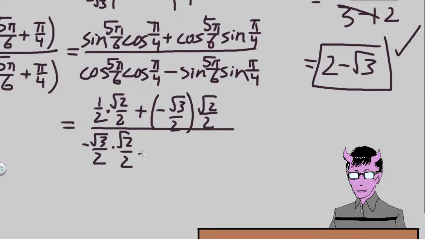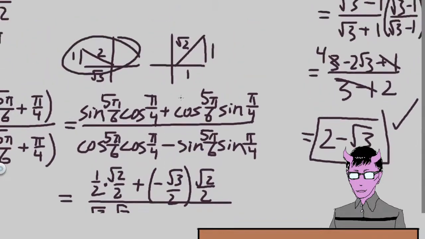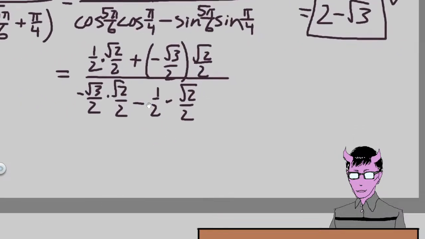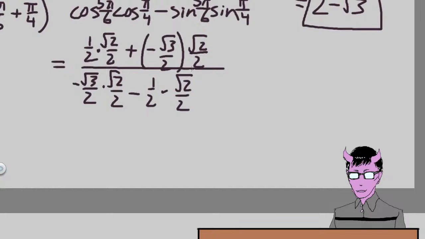Copy paste the signage. Evaluate individually. 1/2. Root 2 over 2. Just because it's so familiar. Alright, well, same situation. Root 2 over root 2 minus root 6 over 4.